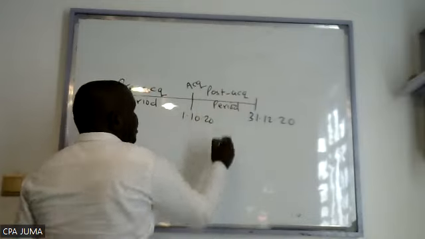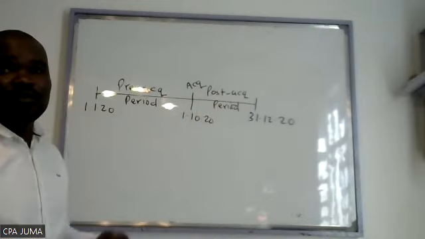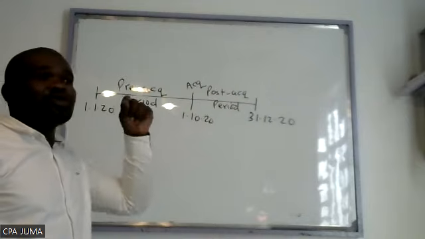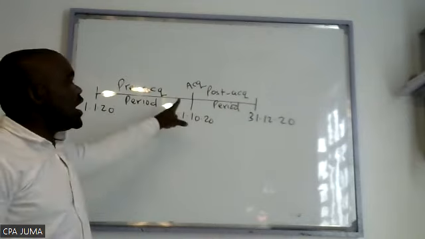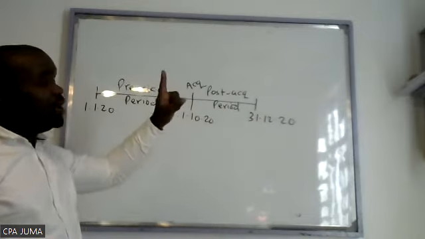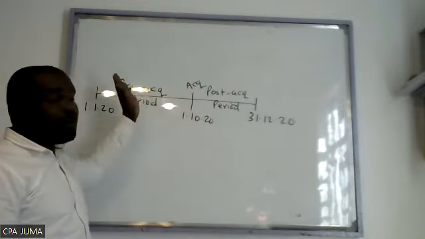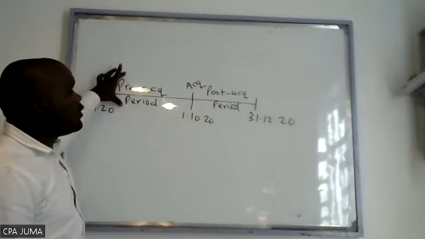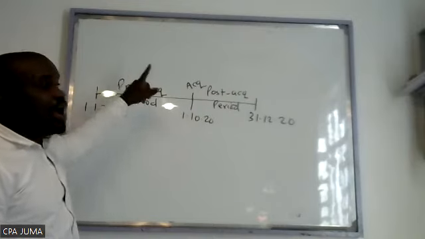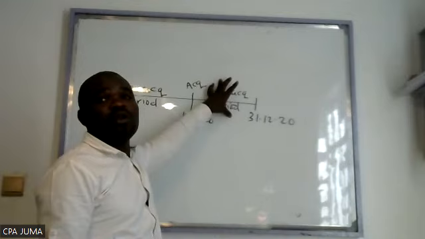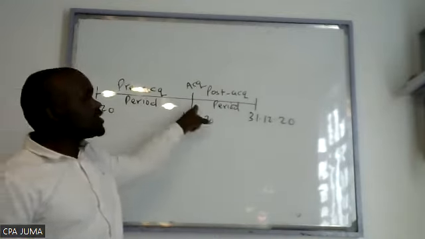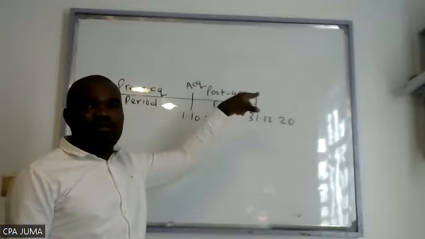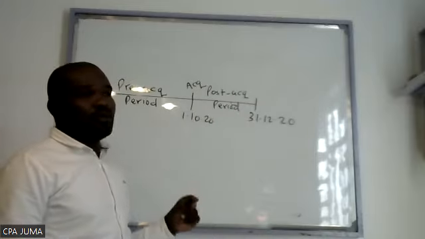So the question is how to treat the prorated dividends on pre and post. One, you need to apportion the dividends for the pre-acquisition period and the post-acquisition period. Then how do you treat the two? Remember, this one is coming in the post. Post means after. This one was there before.